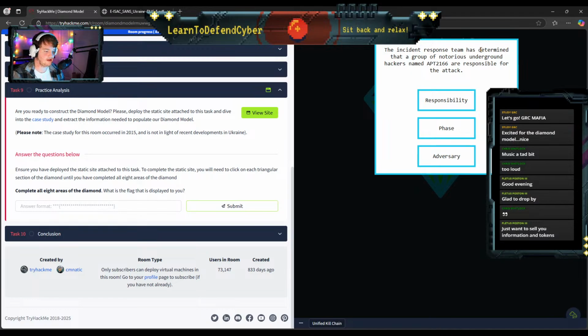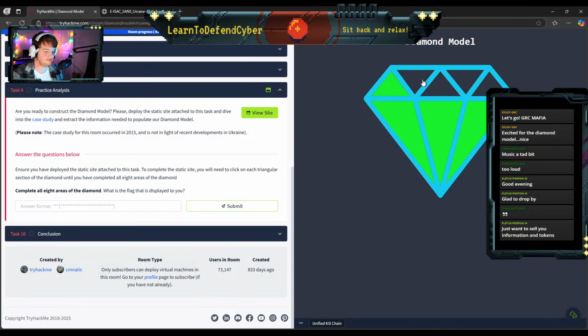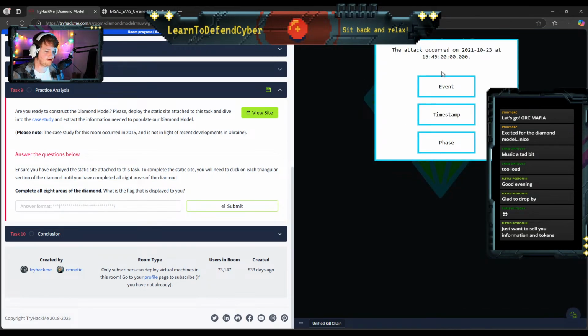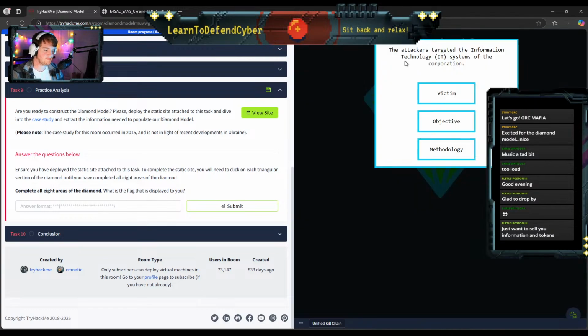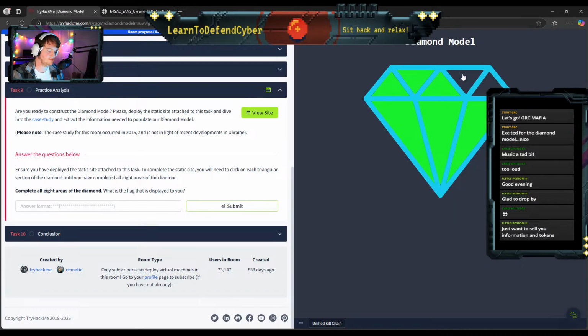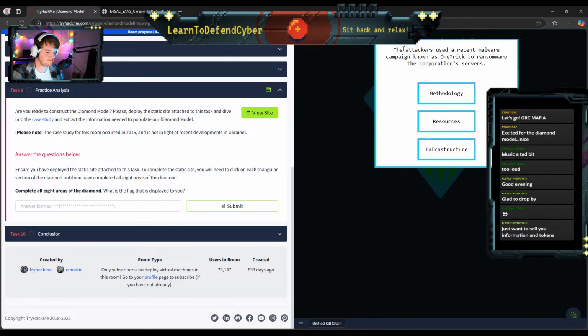The incident response team has determined that a group of notorious underground hackers named APT-2166 are responsible for an attack. That's the adversary. The attack occurred on this timestamp. It was pretty simple. Attackers targeted the information technology systems of a corporation. That's the victim, right? Because the IT systems were the victim.